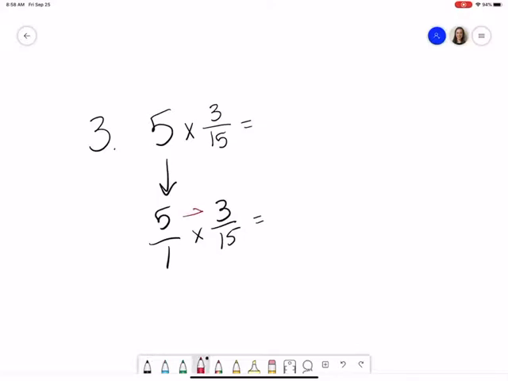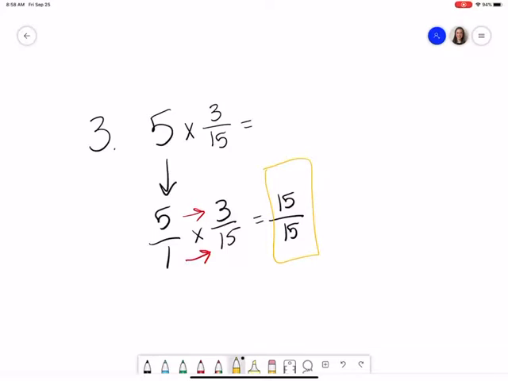We know we multiply across the top and multiply across the bottom to get 5 times 3 is 15. 1 times 15 is 15. So this is 15/15. Okay, so that is our improper fraction.